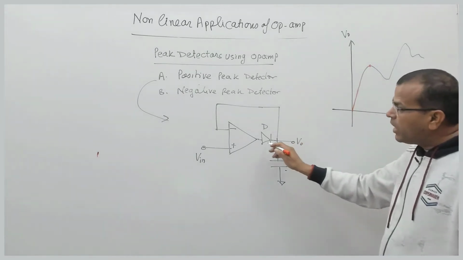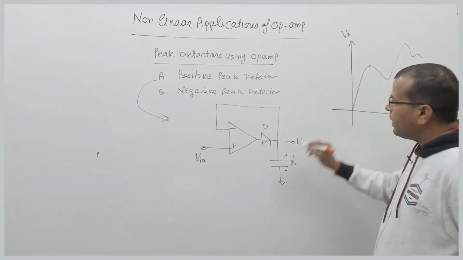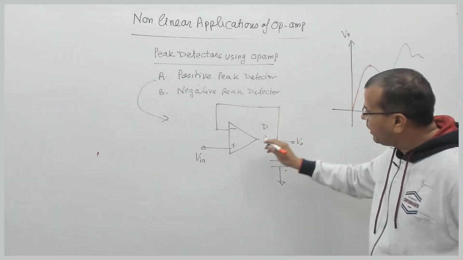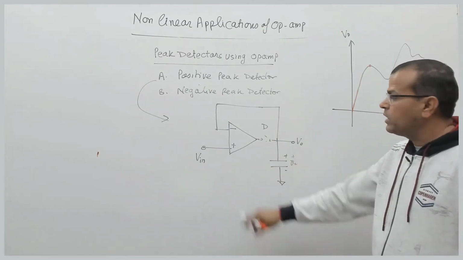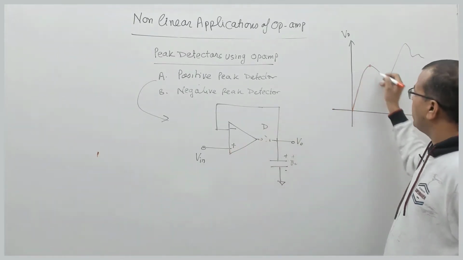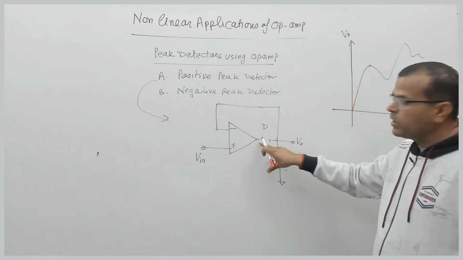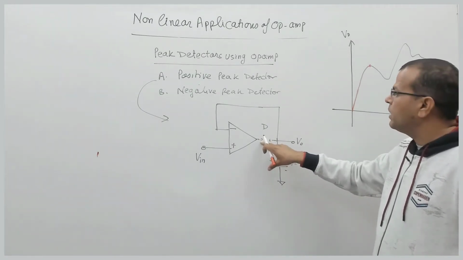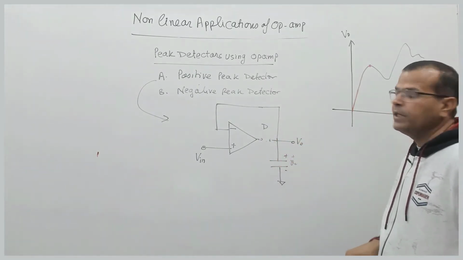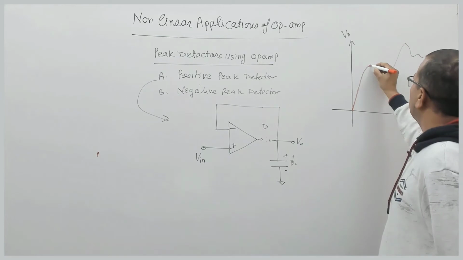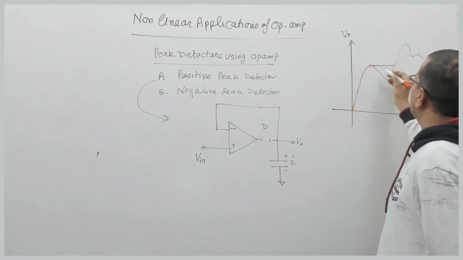In that case, the diode will be reverse biased, and it will behave like an open circuit. So the output voltage will be VC. So the output voltage is the last peak value, which is held by the capacitor.